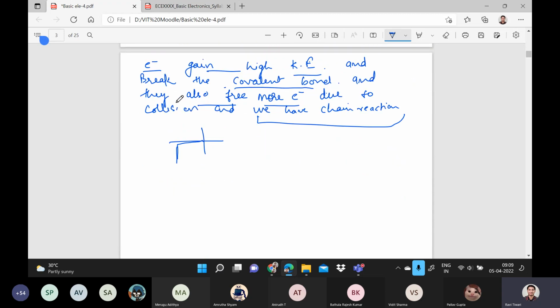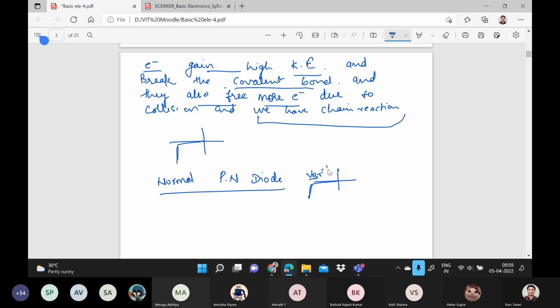But in case of a normal PN junction diode, there also we are getting the breakdown voltage, but this VBR is very high, around 40 volt. After 40 volt only you will get an abrupt increase.